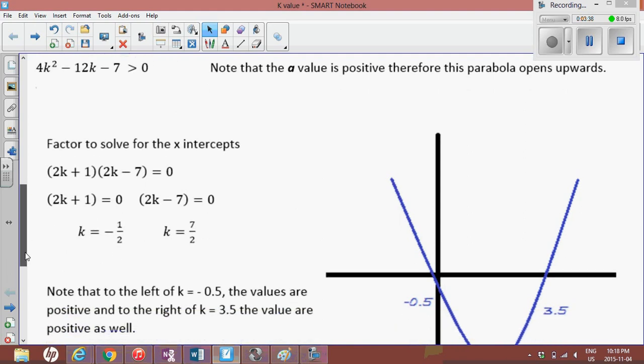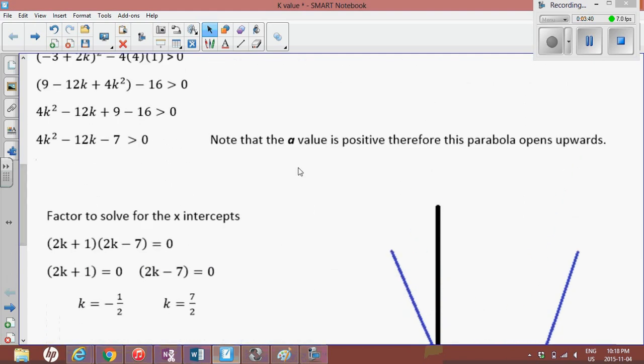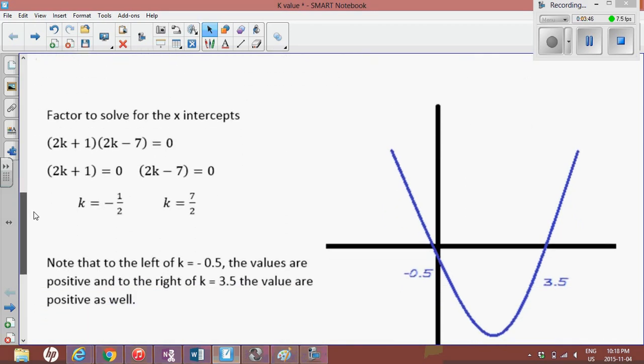So if you look at the graph, like I had said earlier, if a is positive, then it opens upward. So I sketched this parabola here, and you'll see my zeros, negative 0.5 and 3.5. Anything to the left of negative 0.5 is all positive values, and anything to the right of 3.5 are positive values.